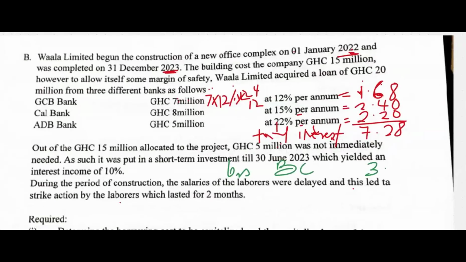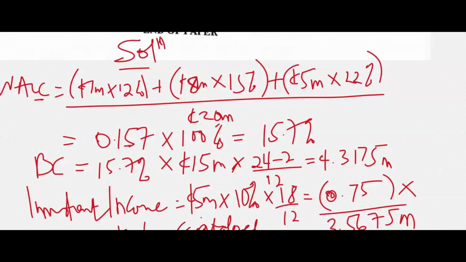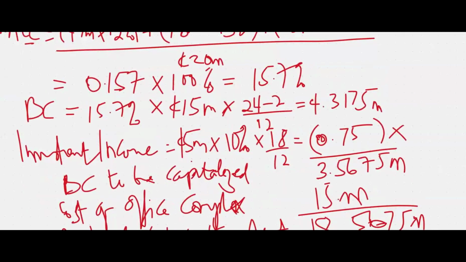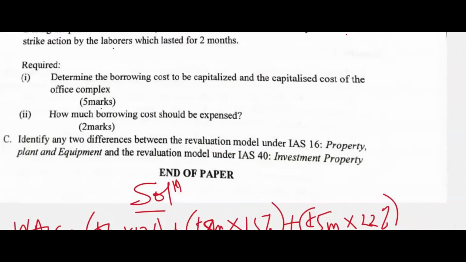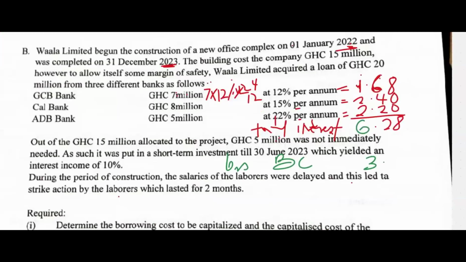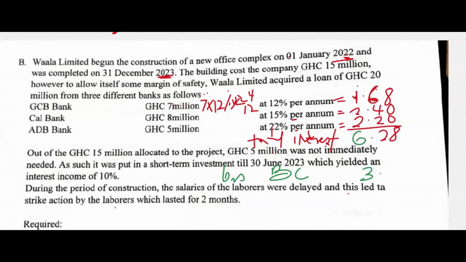Okay. 6.28. Thanks. Then we will less the borrowing cost, which was what? What was the borrowing cost? 3.5675. We will less it because the borrowing cost is in 2 years. 3.5675. Don't forget they are all in millions.